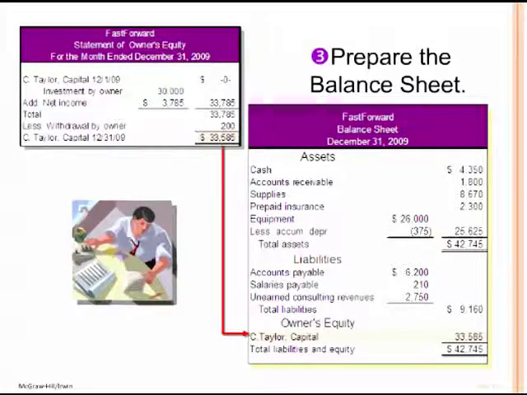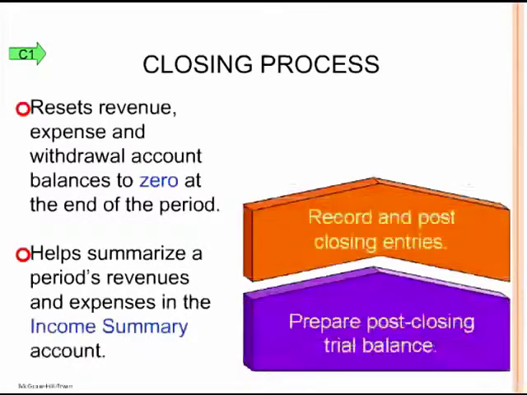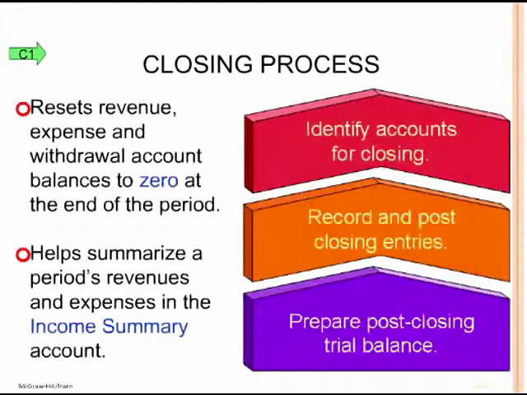This is because we show the accumulated depreciation, a credit balance account, as a reduction in equipment, a debit balance account. The closing process is an important step at the end of an accounting period after financial statements have been completed. After the formal financial statements have been prepared, we may begin the process of closing the books and getting ready for the next accounting period.